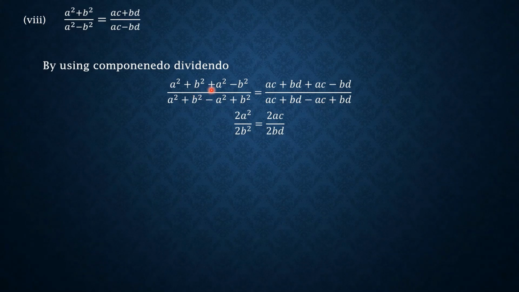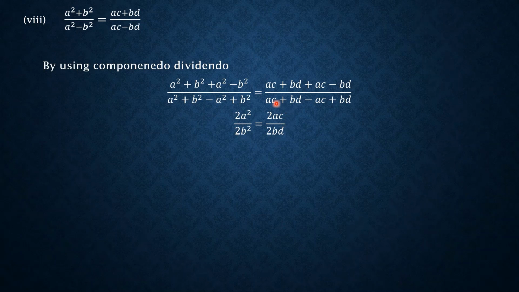Now the same case as previous, that is terms with same sign will be added. A square plus a square will equal to 2a square, and b square minus b square will be cancelled by each other. Now come to the denominator, that is a square minus a square will be cancelled, and b square plus b square gives 2b square.